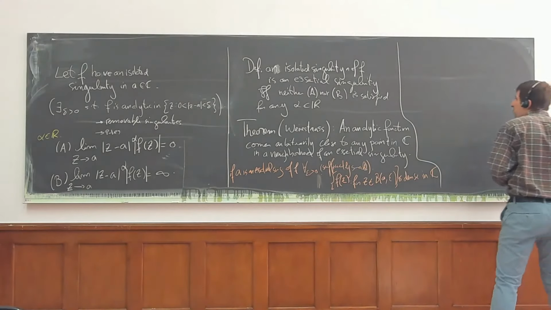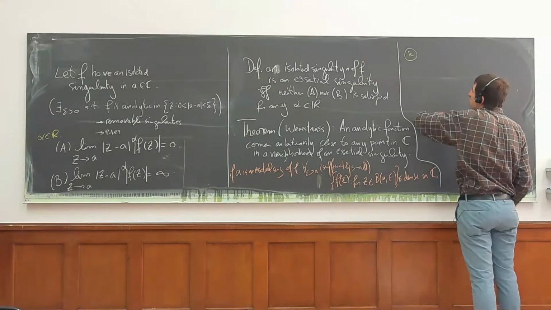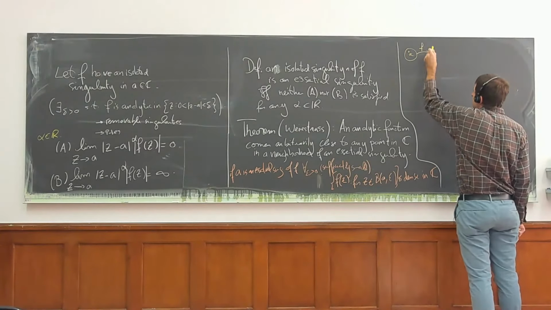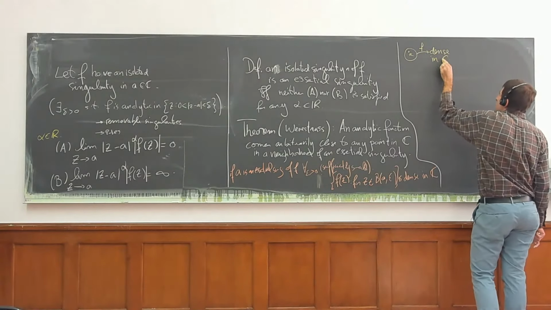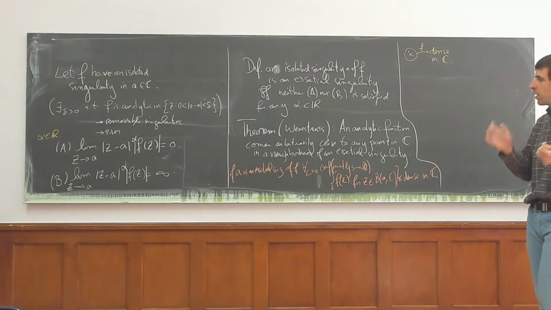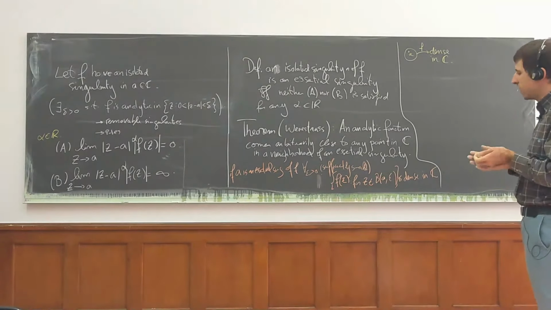If I have an essential singularity at A, and for any circle around A I apply f to it, I get something that's dense in C. So arbitrarily close to any region, you get essentially all of C, or dense in C.